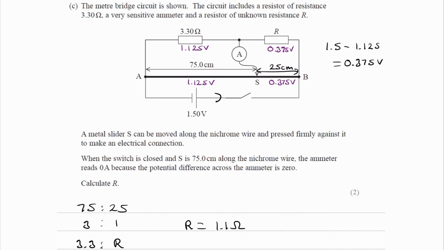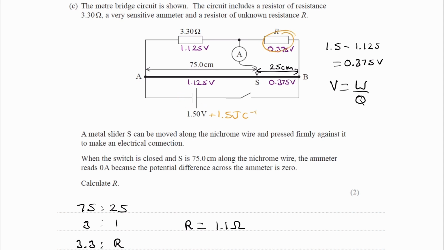If we think about what voltage means, voltage is defined as the work done per unit charge. So when 1 coulomb of charge passes through that 1.5 volt cell, it gains 1.5 joules of energy. So 1.5 joules of energy per coulomb is gained as we move through this cell.